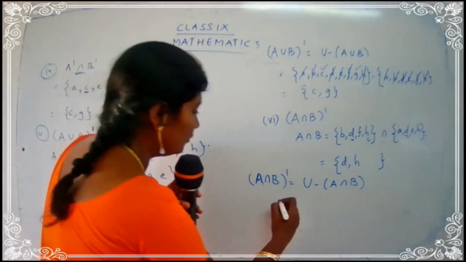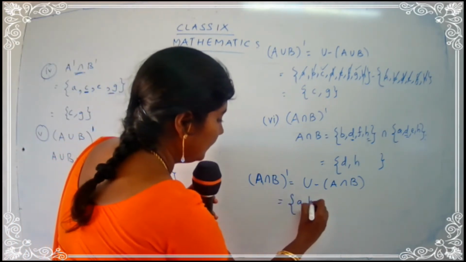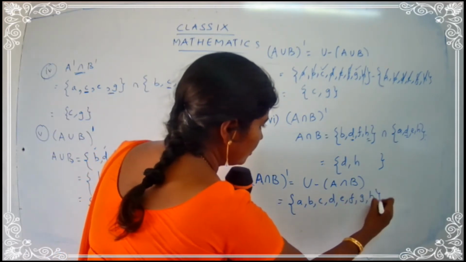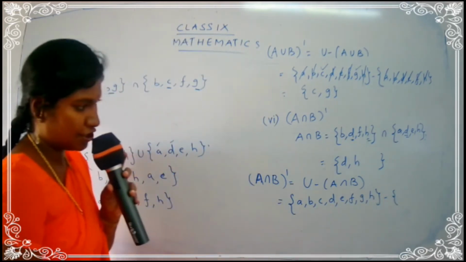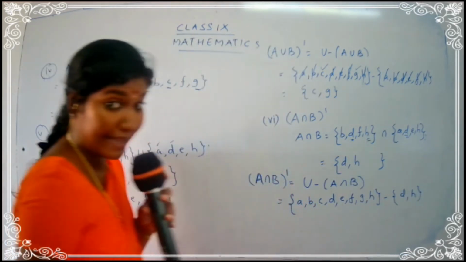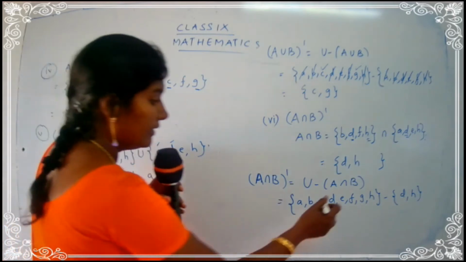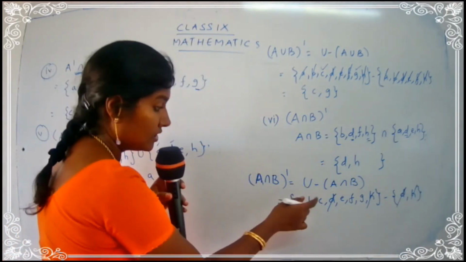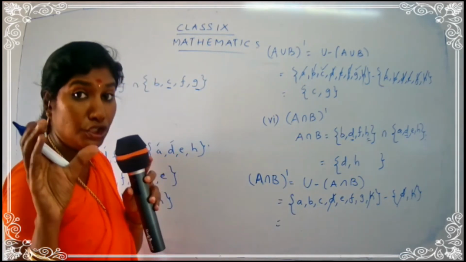Write the value for U: A, B, C, D, E, F, G, H. What is A intersection B? D, H. Try to cancel the common part. D, H, D, H. What is left? I just want the universal set.